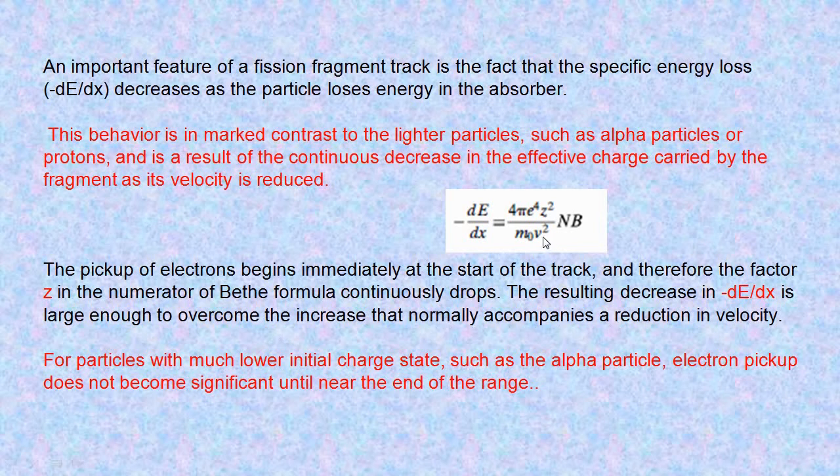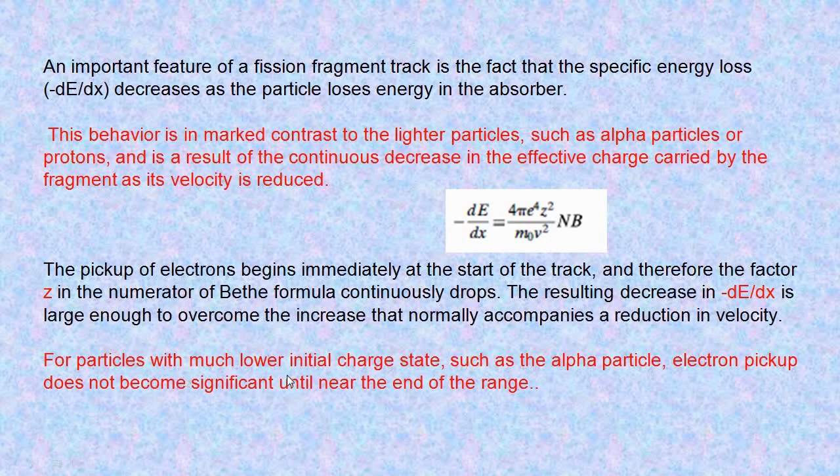That means when the velocity decreases, you can see that this ratio actually increases. But the decrease in z is very large. That means this increases, but this decreases at a rapid rate. Therefore, this minus dE by dx actually decreases.